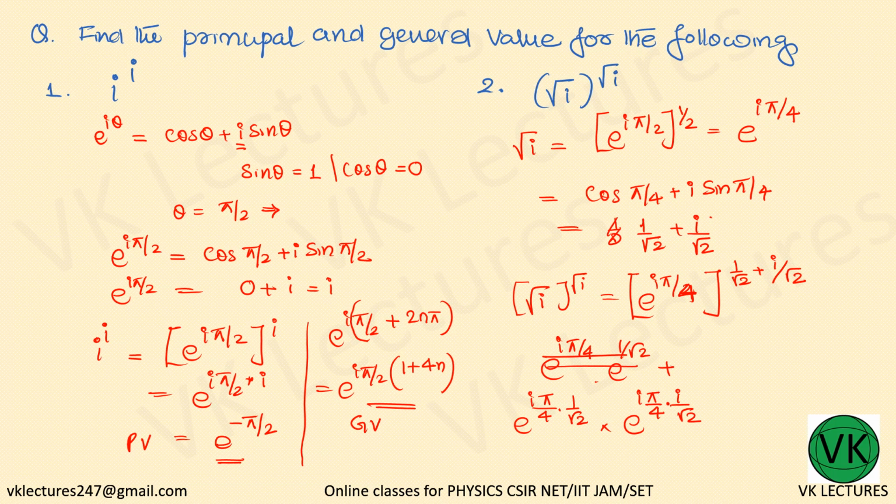So the first term gives e to the power i pi by 4 root 2 into e to the power minus pi by 4 root 2.